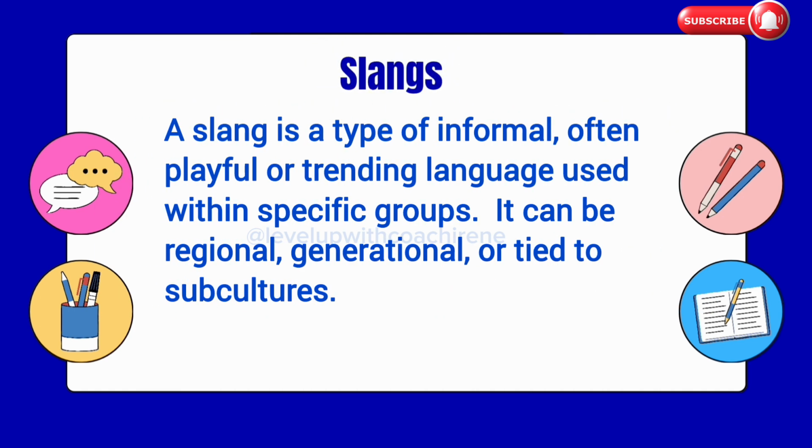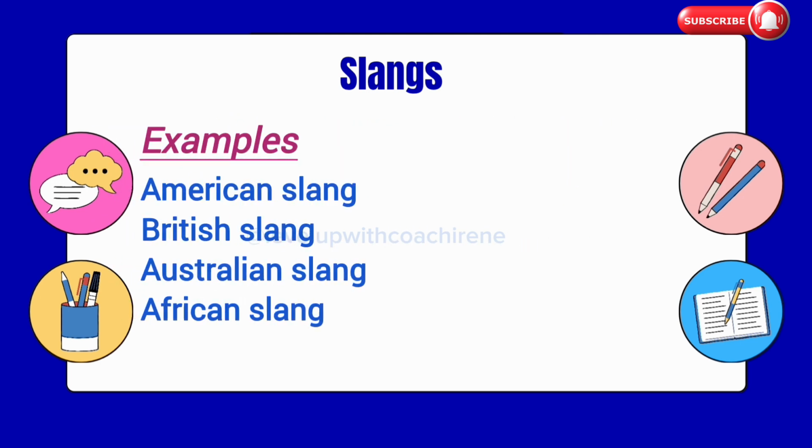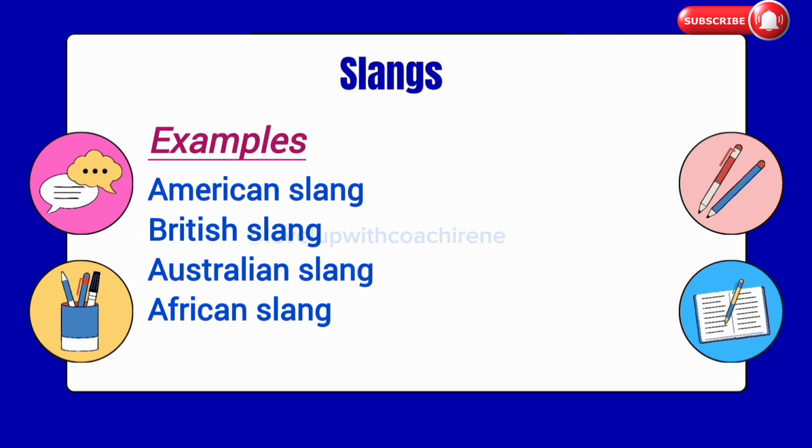A slang is a type of informal, often playful, or trendy language used within specific groups. It can be regional, generational, or tied to subcultures. Examples include American slang, British slang, Australian slang, African slang, and more.